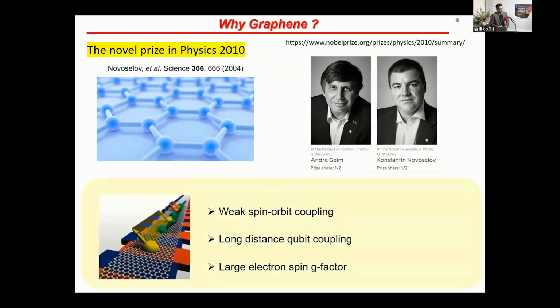And this graphene has very excellent properties for quantum dot device applications, like weak spin-orbit coupling, long-distance qubit coupling, and also large electron spin g-factors. So this is definitely a big advantage for quantum dot devices.